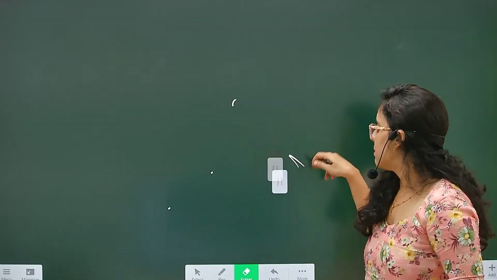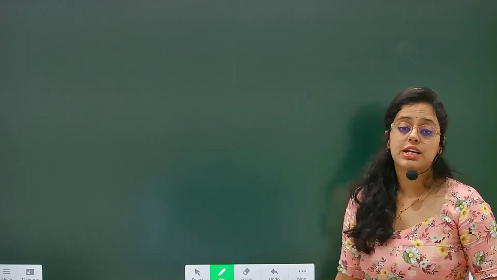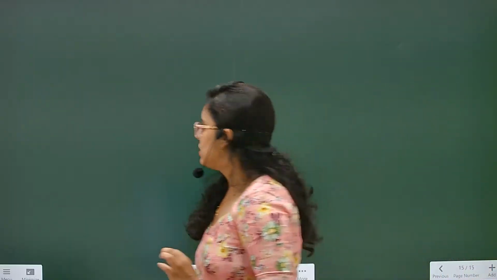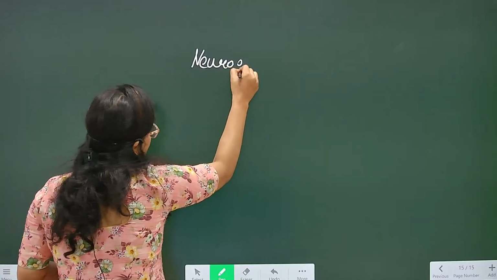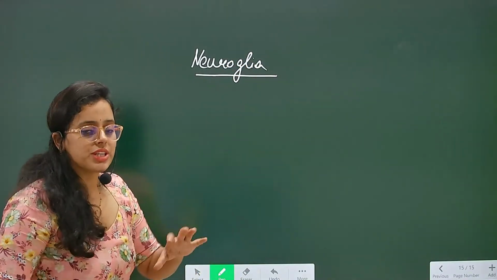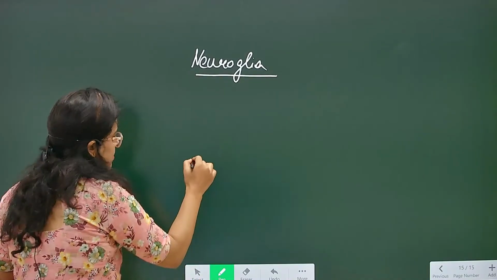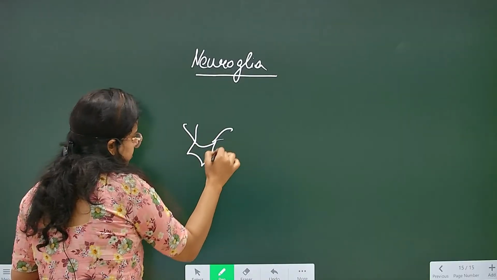Now we have learned about unipolar, bipolar, pseudo-unipolar, and multipolar. Now we are going to learn about another tissue, neuroglia. Basically neuroglia provides nutrition. They are present surrounding the nervous tissue. If you see, this is the nerve cell I was talking about.